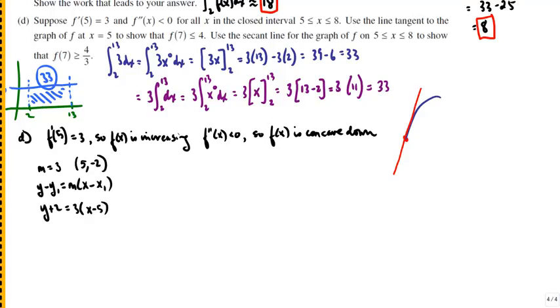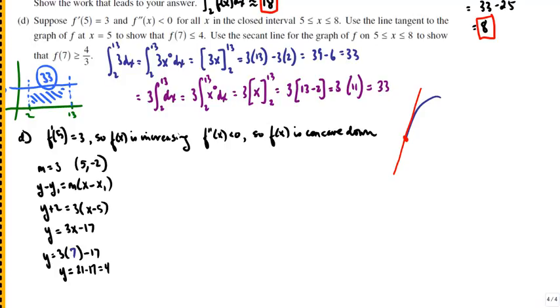And so we end up with y plus 2 equals 3 times x minus 5, or y is equal to 3x minus 17. Now we want to show that f of 7 has to be less than or equal to 4. So we're going to plug in x equals 7 into this, and we end up with y equals 21 minus 17, which is 4. So we want to show that on the actual curve, the value of the function must be less than 4.